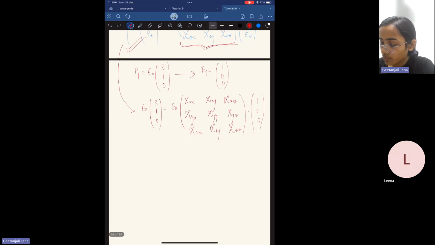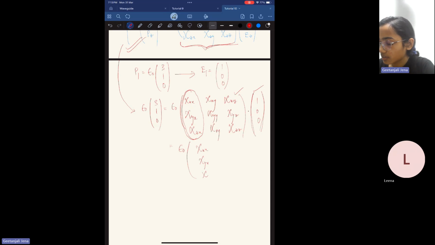If you take the matrix multiplication, we will get the right hand side. What will you get? Only this part of the matrix will remain; the other part will be 0. When we multiply chi by (1, 0, 0), we get chi xx, chi yx, chi zx.